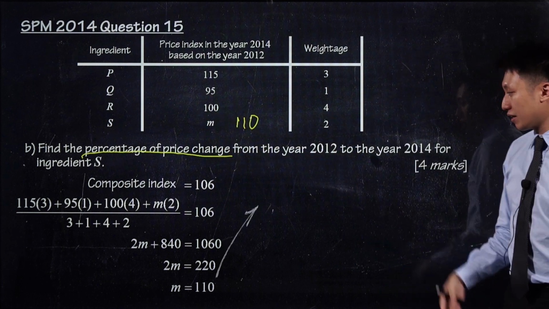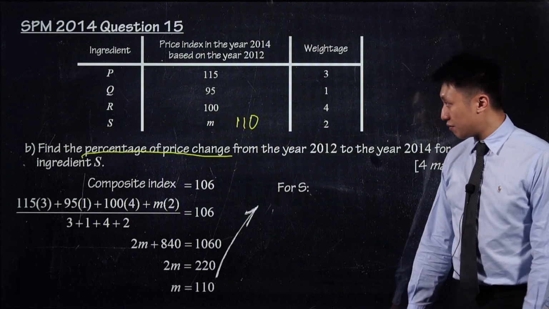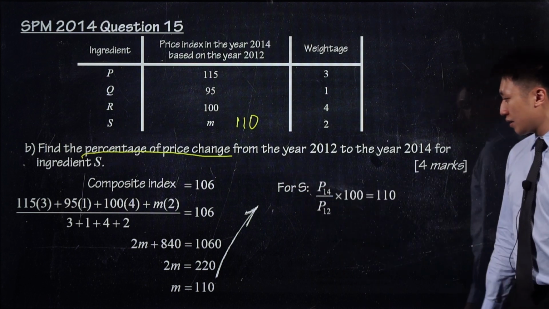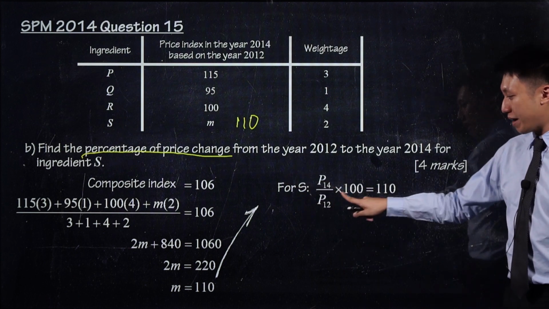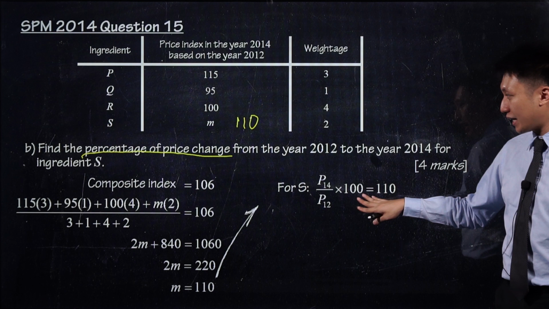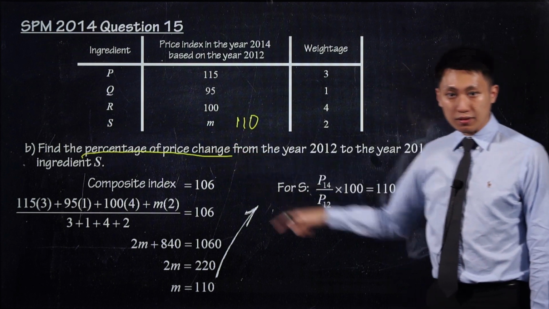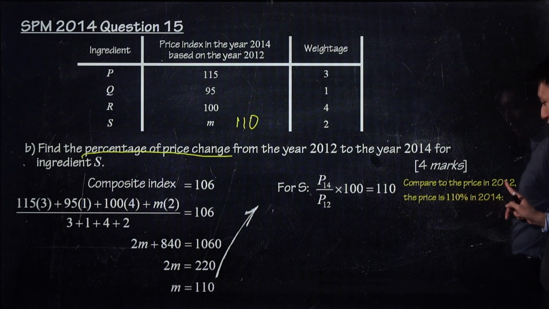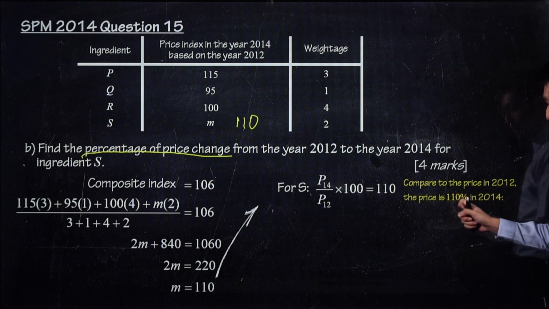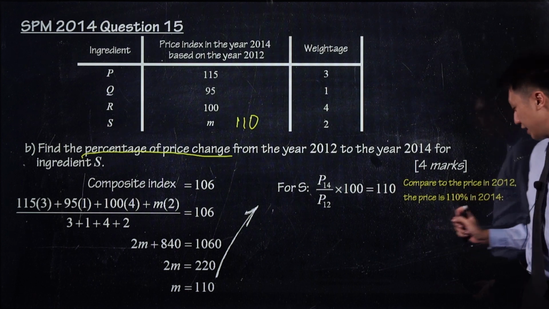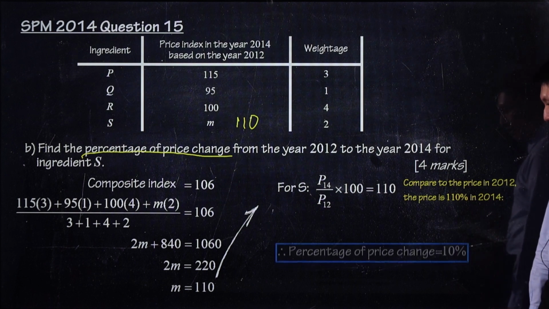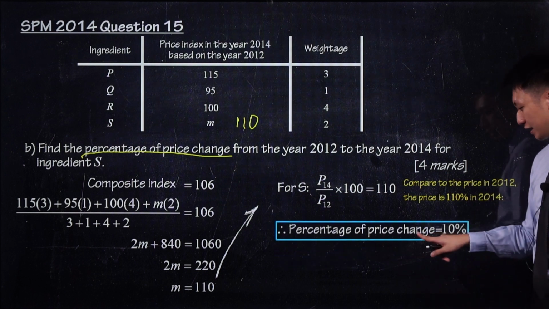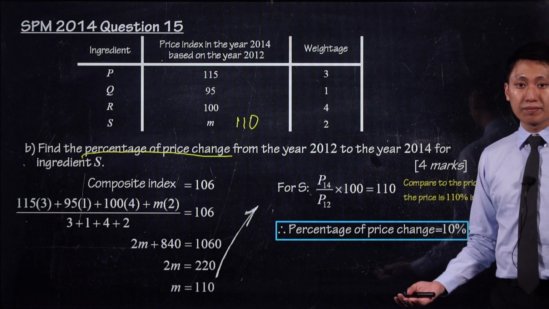That's what it means. For S, P14 divided by P12 times 100 is exactly the formula for M, equal to 110. So compared to the price in 2012, the price is 110% in 2014. Hence, the percentage of price change is 10%.